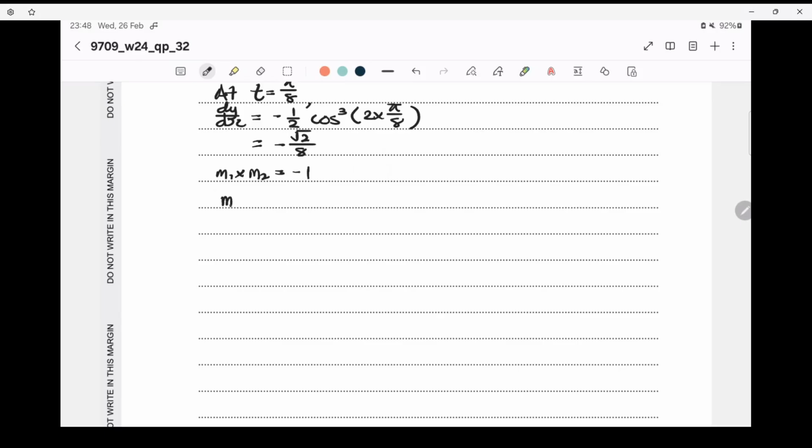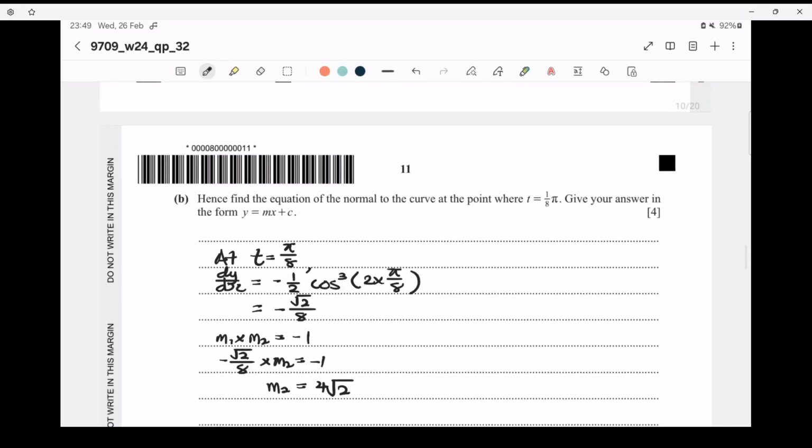So you will find, for instance, the gradient of the normal would be, alright, minus square root 2 over 8 times m2 equals to minus 1, or m2 equals to 4 square root 2. So once you have found the gradient of the normal, you need to find the equation of the normal.